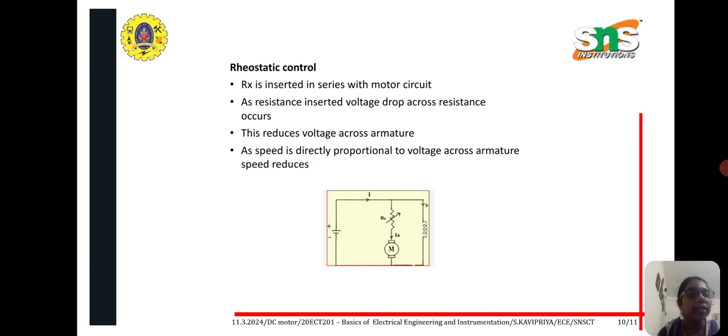Since the voltage is reduced, the speed is also reduced. So the speed of the motor here is controlled by adding a resistance in series with the motor. Because of this resistance, the voltage across the armature is reduced, and since voltage is directly proportional to speed, the speed of the motor is also reduced.